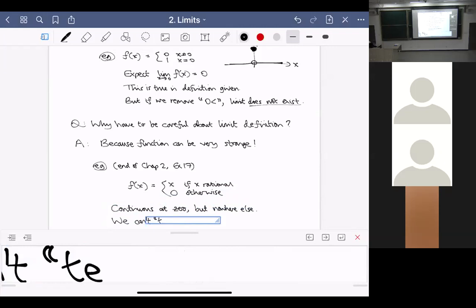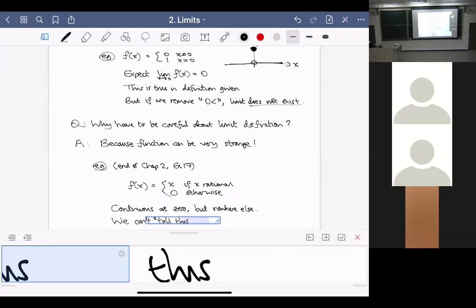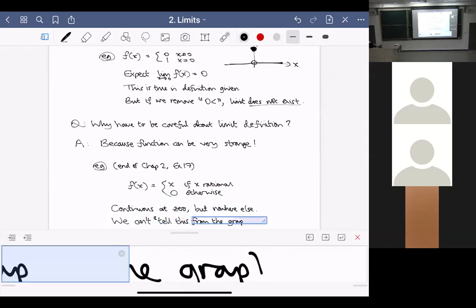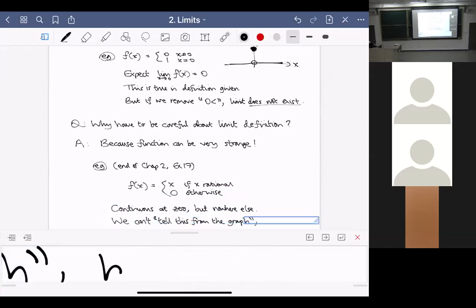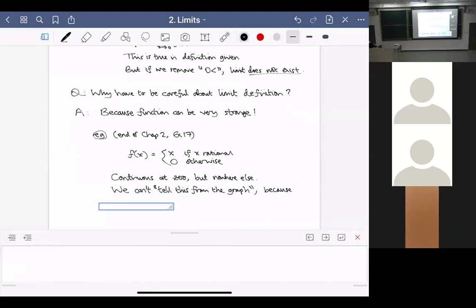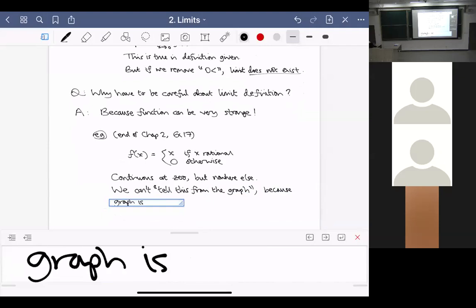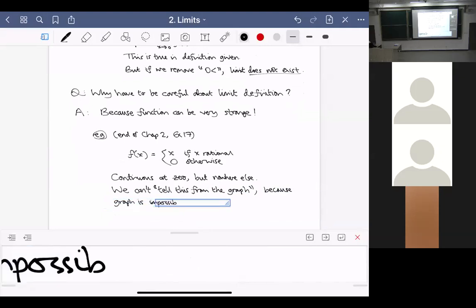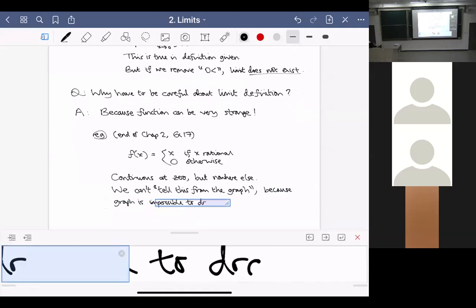So we can't tell this from the graph because the graph is impossible to draw. If you just think about that function a little bit, you'll soon see that you're never going to be able to draw a graph of it.